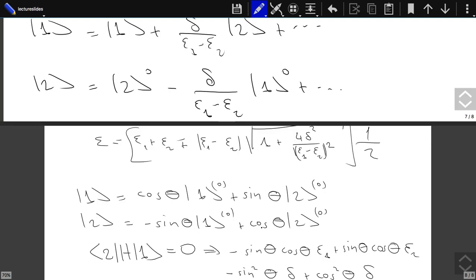I won't have any correction proportional to the first unperturbed state. But you see, if you look at this one, the first state eventually gets corrections that are proportional to the first unperturbed state. So what's going on?